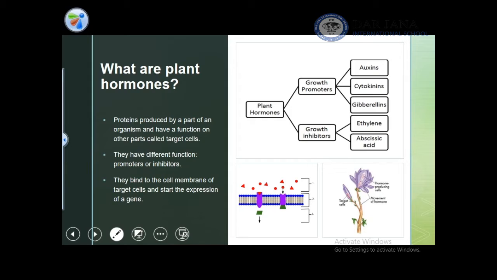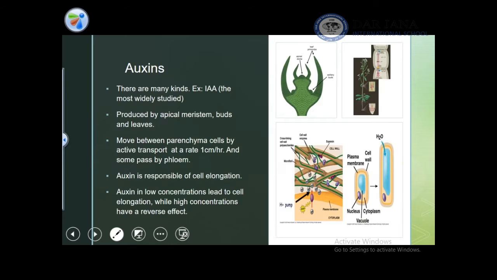In this lesson, we are going to talk in detail about these hormones. For each hormone, we are going to discuss where it is produced, the way by which it is transported throughout the whole plant, and the function of this hormone. Starting with the first hormone, which is the auxin.